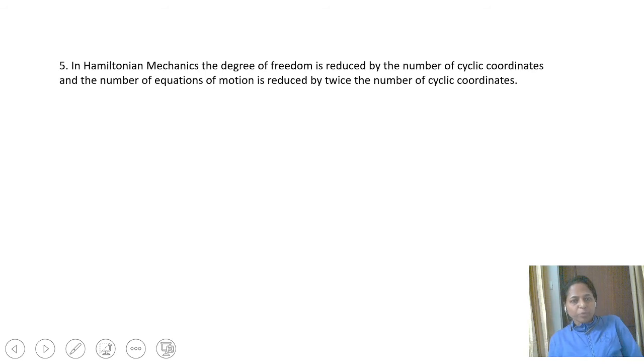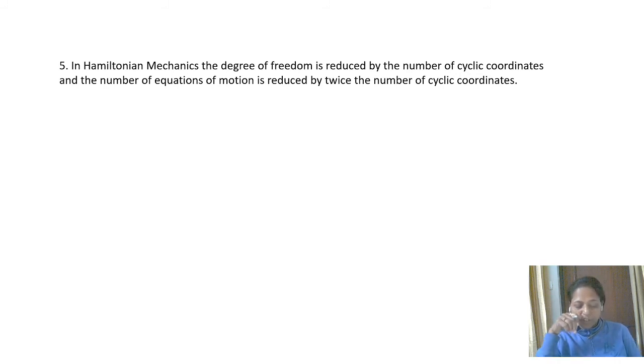We come to the next property. In Hamiltonian mechanics, the degree of freedom is reduced by the number of cyclic coordinates, and the number of equations of motion is reduced by twice the number of cyclic coordinates. How does this happen?